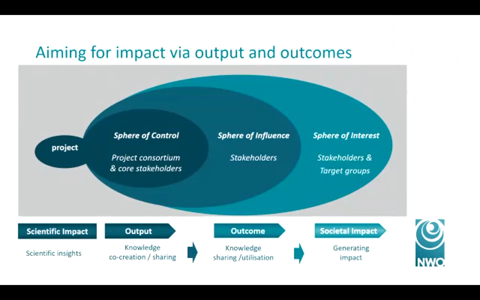But going further along the line, there's a sphere of influence and there's a sphere of interest. And when we talk about societal impact, it means down the line, and it can take a long time.